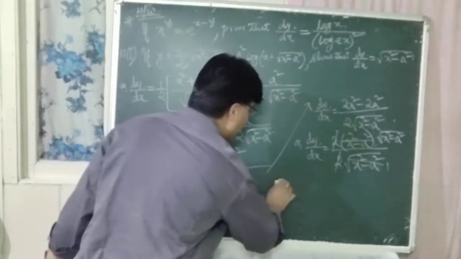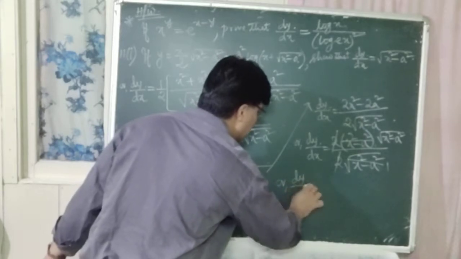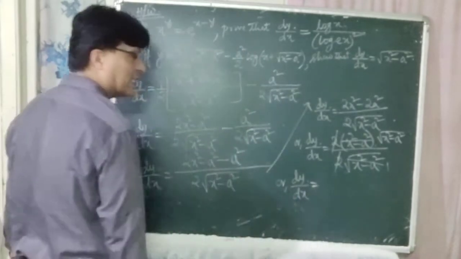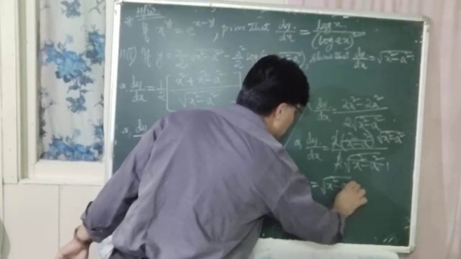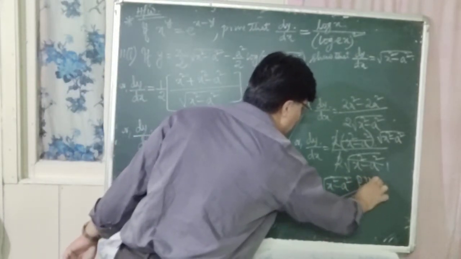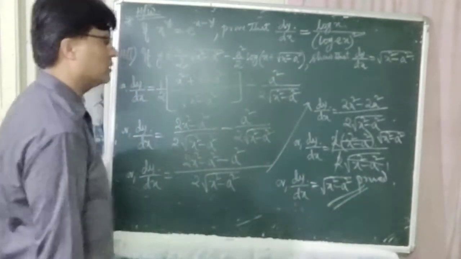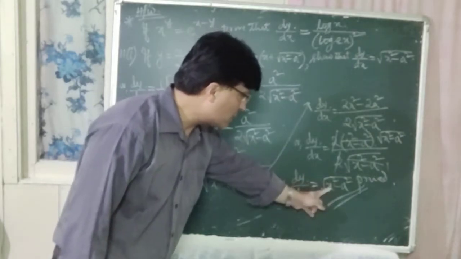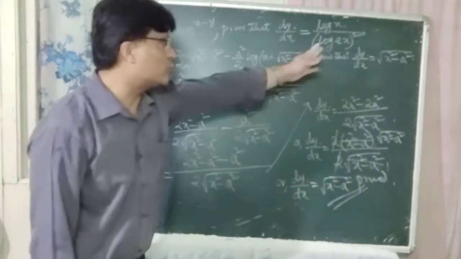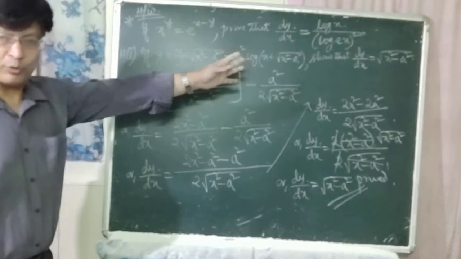Okay. So what is the final answer? Or dy by dx is equal to, what is the answer here now? It is root over x square minus a square. So which is proved. That is dy by dx is equal to, within square root, it is x square minus a square. So we have proved it.